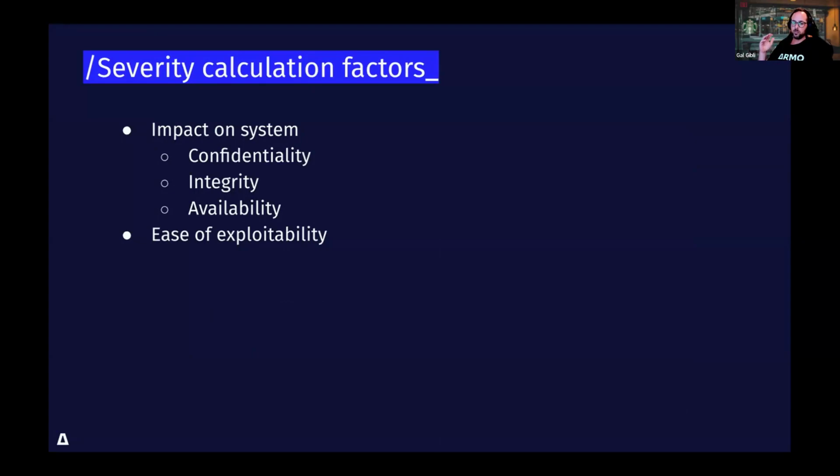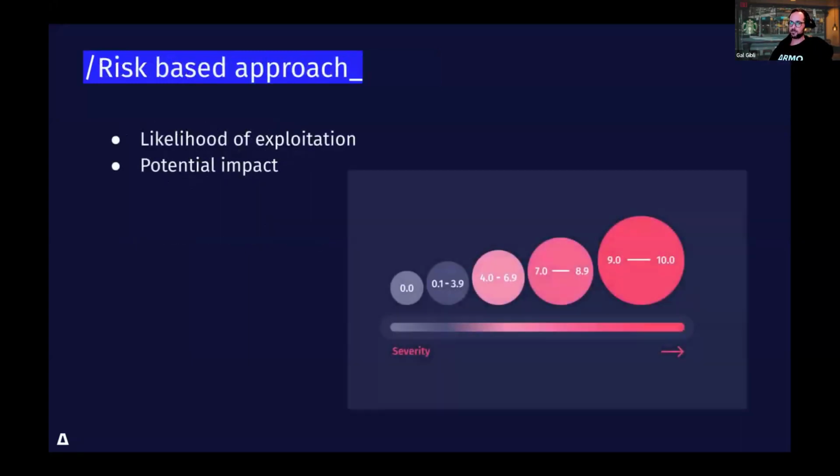Probably the critical vulnerabilities are perceived as posing the highest threat to your organization, but there are also factors like the potential impact on the confidentiality, the integrity, the availability of a system, and of course, the ease of exploitability of that vulnerability.